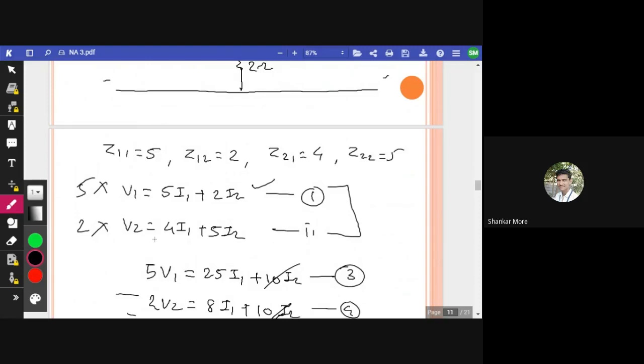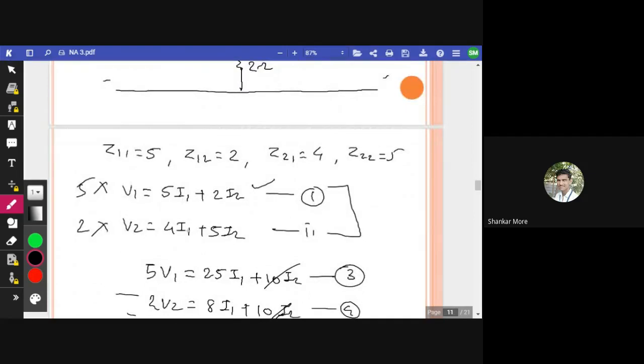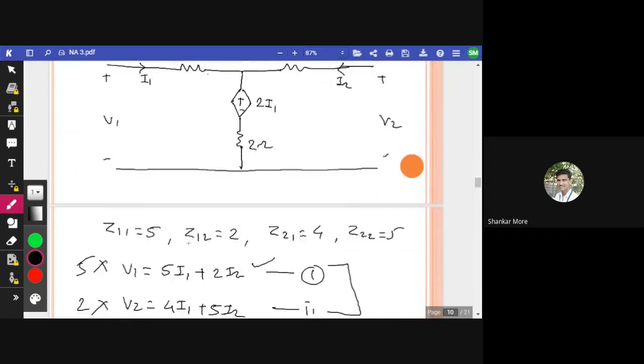So if we modify the second equation only, we don't need to use both the equations, isn't it? We don't need V1, and we don't have V1 here also, right? So we just have to modify this equation in a way that it should be I2 is equal to something.